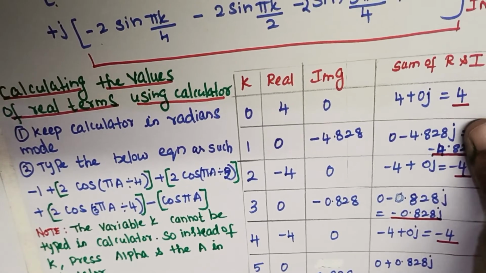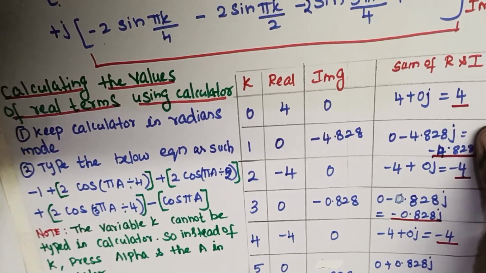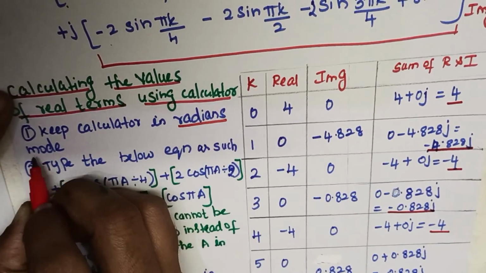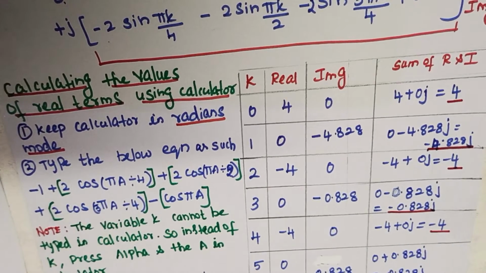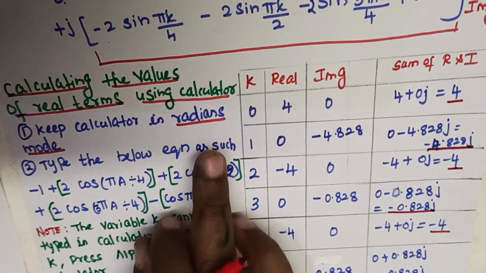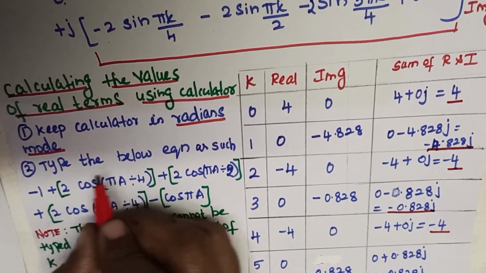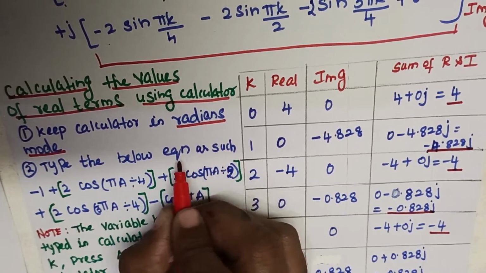After forming this table, in your calculator, the very first step that you have to do is, you have to keep the calculator in radians mode. Don't forget this. As a second step, you type the below equation as such.